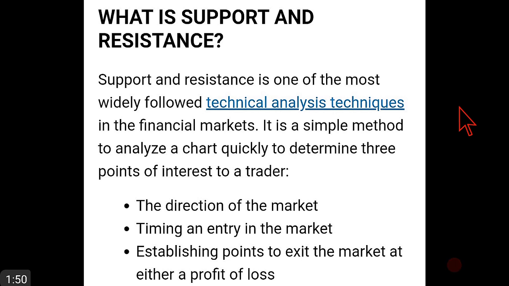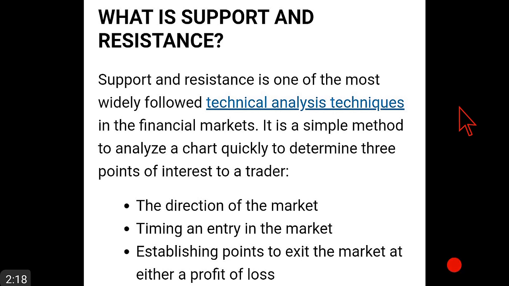I told you that the success of most traders is based on two basic things: their understanding of price action, which is basically understanding of the chart, and their understanding of how to use indicators. All these are put together in a word called technical analysis.